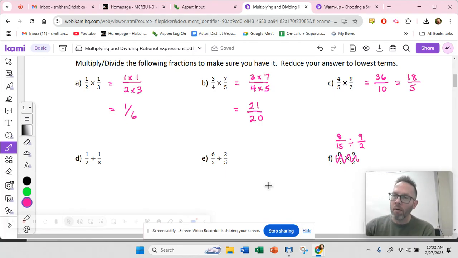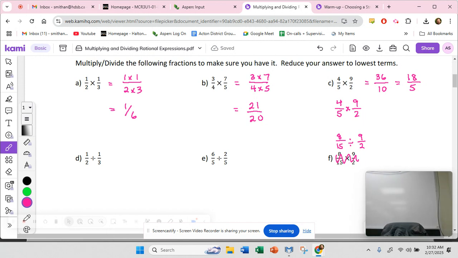It is possible, and I'm just going to recopy down below 4/5 times 9 over 2. Maybe in an earlier grade, you were shown that when you're multiplying fractions, if you have, let's say, a 4 on top and a 2 on the bottom, 4 divided by 2 is exactly 2. So you can say, well, I know that 4 divided by 2 is just equal to 2.